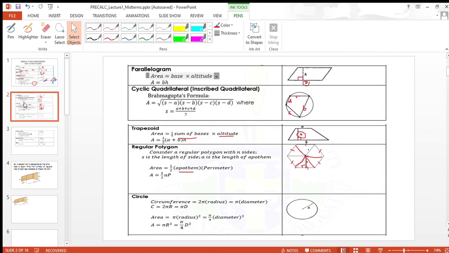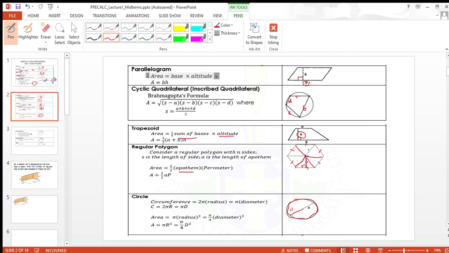Next is the circle. For the circle, we have the circumference. When we talk about the circumference, it's like the perimeter. Circumference is 2 pi r, where r is the radius, or pi d, because d is the diameter and the diameter is 2 times r.